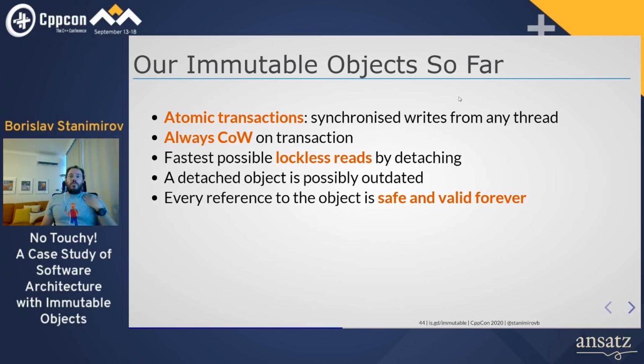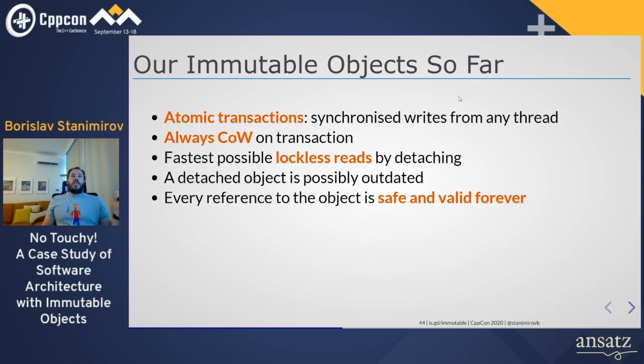So our immutable objects so far: we have atomic transactions, which are synchronized writes from any thread. We always copy and write when we do a transaction, but we have the fastest possible lockless reads by detaching. When you detach from an object, you get your data and you work with it, and then you throw it away, and that's that. The detached object is possibly outdated.